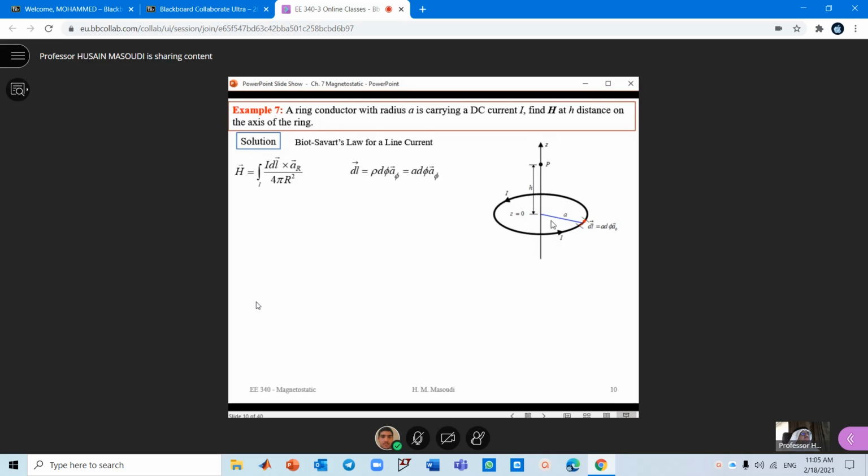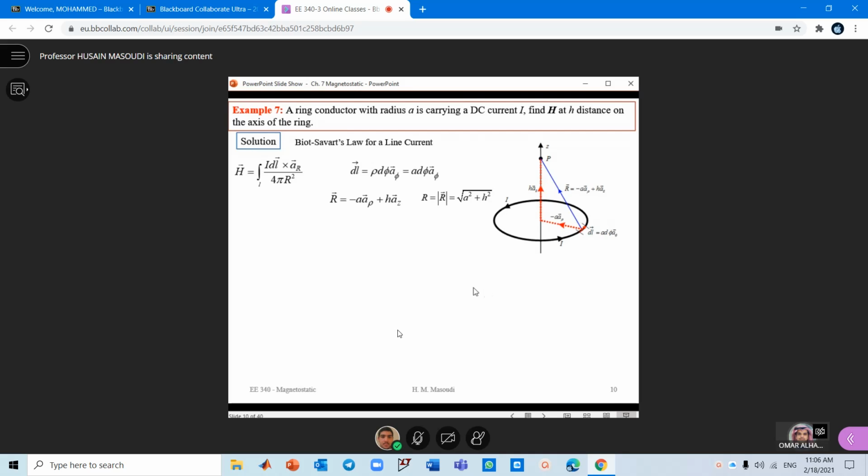And the a-rho is negative because we take 0, 0 minus a. 0 minus a along a-rho. Minus a. Yes, exactly. So we say that R is minus a a-rho, and then h minus 0, so h az. Okay, these are the two components of R. Can you see this, Omar?